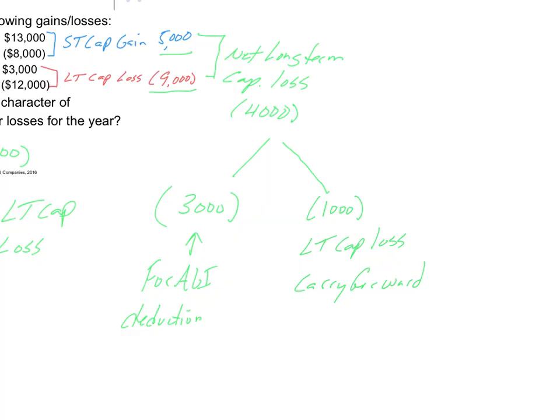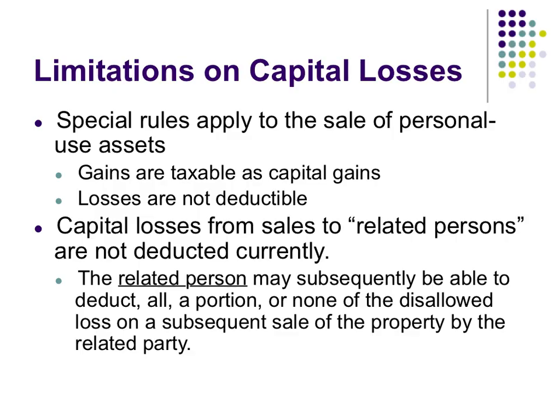And it will remain a long-term capital loss when it gets carried forward. So he just starts out next year with a long-term capital loss carried forward from the previous year.